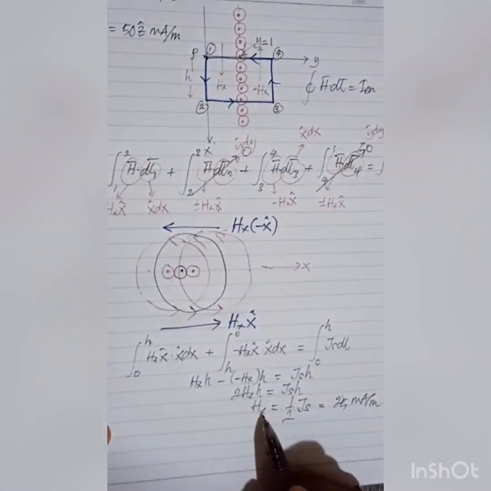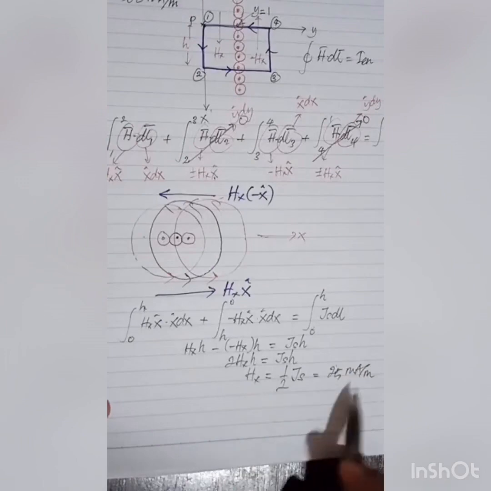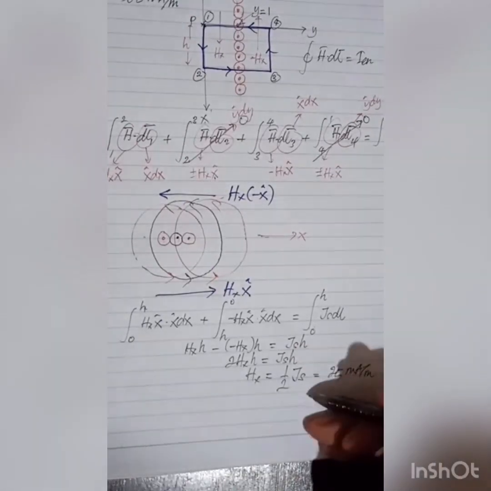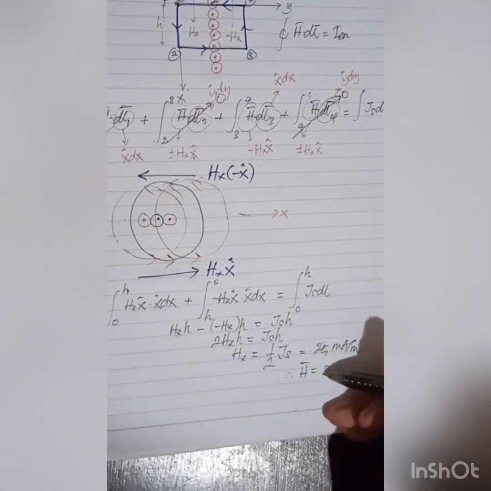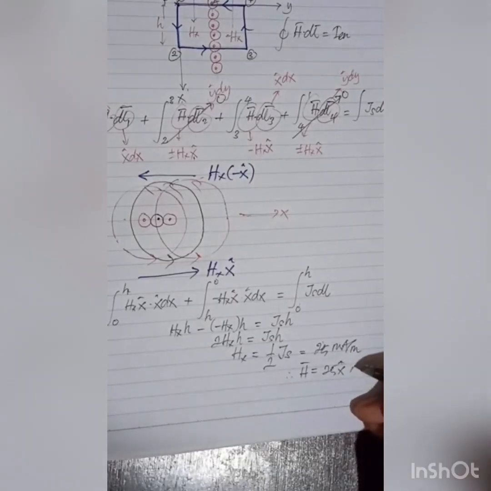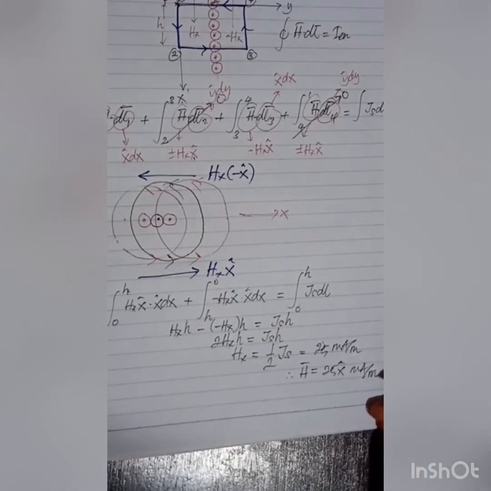That's why we have here the x component. So the H here, if you put it in vector form, you can simply put H becoming 25 in x component milliampere per meter.